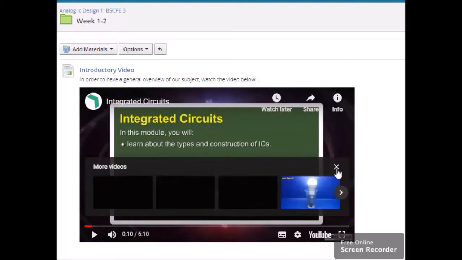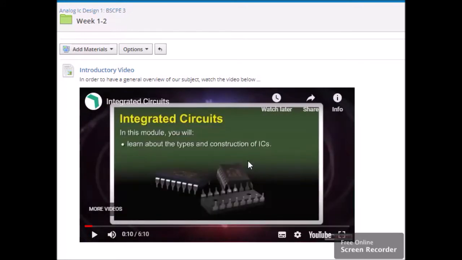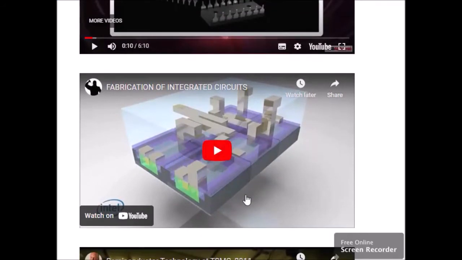Ayun yung sinabi ko kanina na na-introduce dito yung ating types of IC, meron tayong analog and digital, and how the ICs were constructed. When it comes to construction of IC, meron din namang follow-up dito ng fabrication of integrated circuits para lang bigyan kayo ng idea kung paano ba siya ginagawa, ano ba yung itsura niya sa loob bago natin siya i-discuss, to catch your attention.